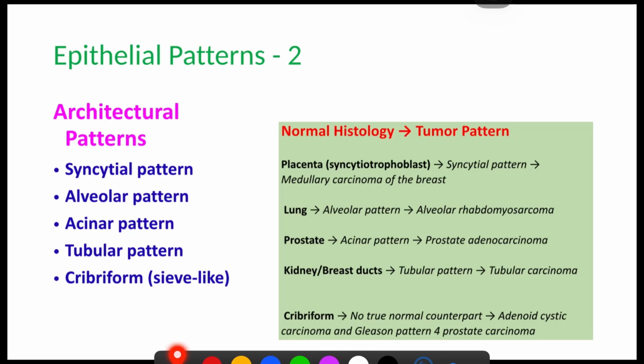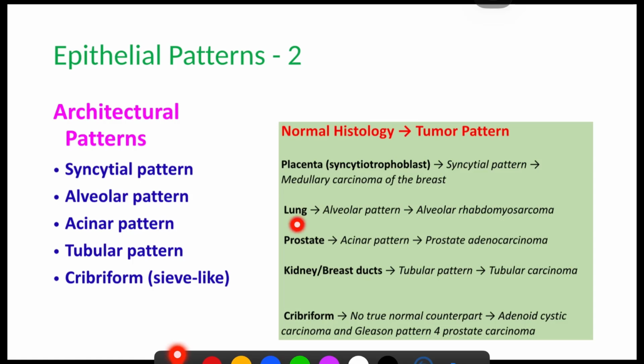Second is alveolar pattern. It mostly resembles the normal appearance of alveoli of the lung, commonly seen in alveolar rhabdomyosarcoma and alveolar soft part sarcoma.